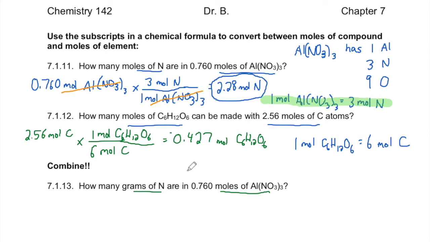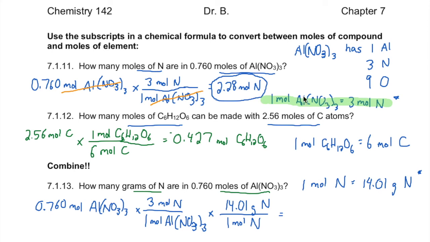Now we need to factor in grams of nitrogen. If we look on the periodic table, we can see that the molar mass of nitrogen is 14.01 grams per mole. So we have 14.01 grams of nitrogen in 1 mole of nitrogen. So I think between this relationship and this relationship, we should be able to do this conversion.